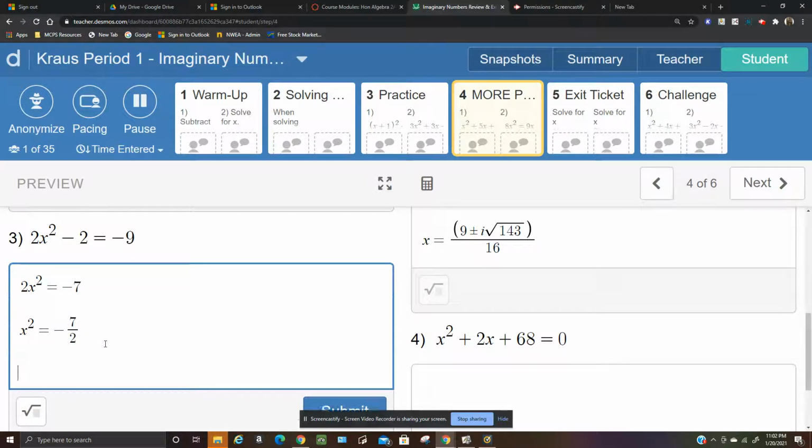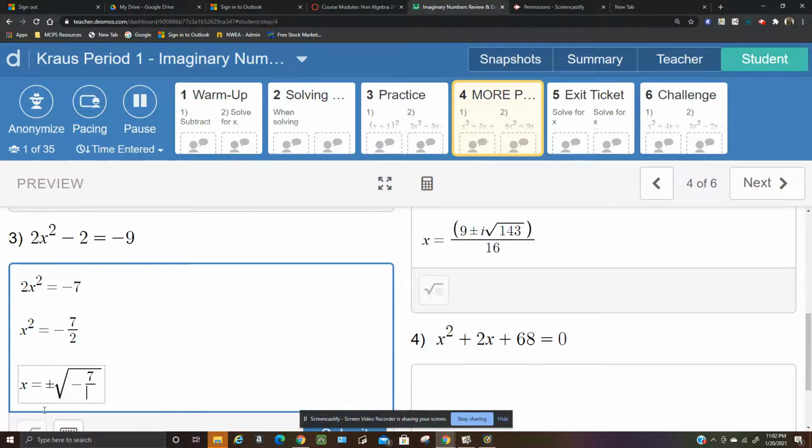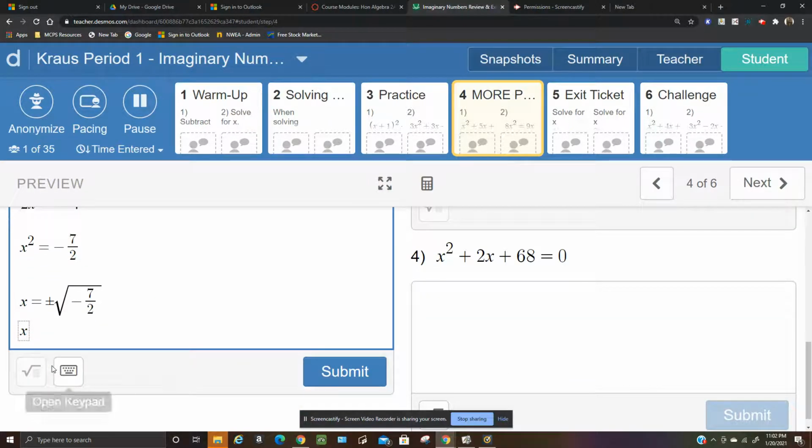And take the square root. Pull an i out.